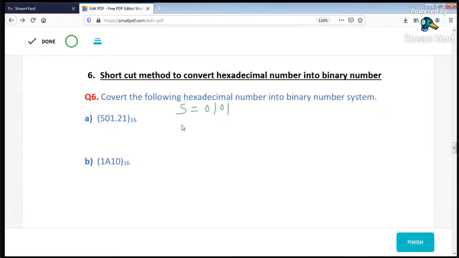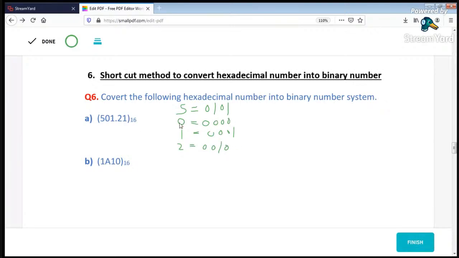For this 0, we write 4 times 0. The last 1 in 4 bits will be 0001, and this 2 will be 0010. Similarly for the last one, the binary value I already wrote.